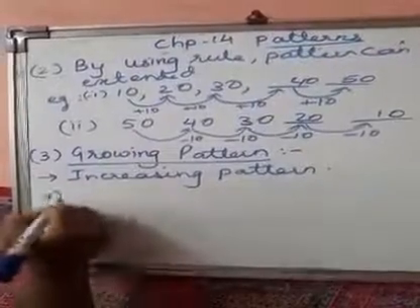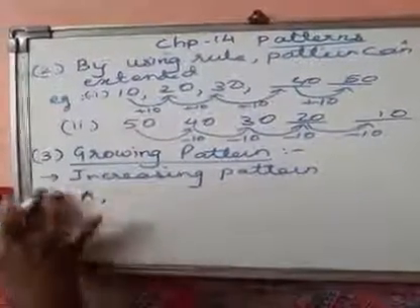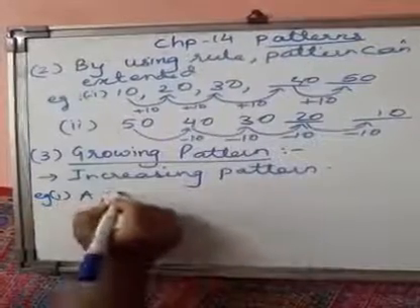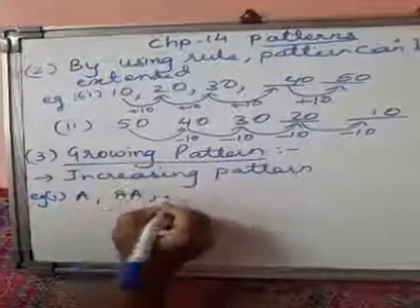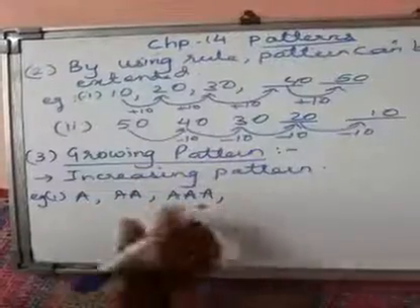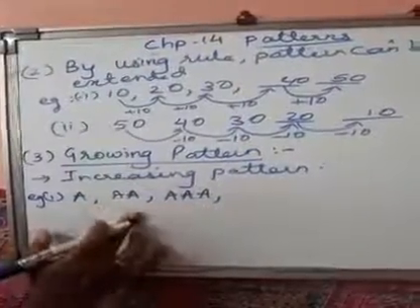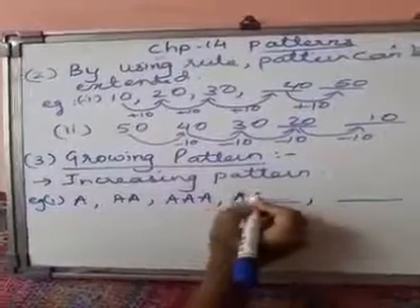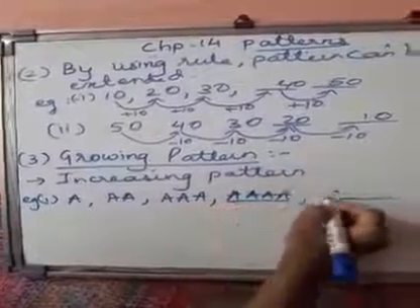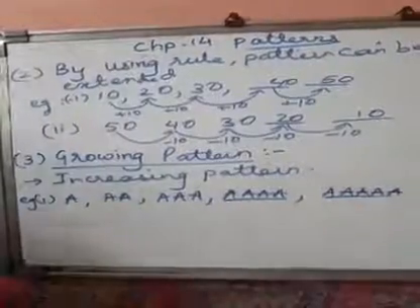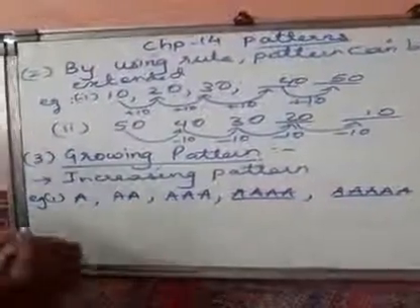Now first if we will take an example, now here it is A. I will write down the example. First we will see with A. Then next will be A. Now next you will see it is increasing. Now here it was single A, double A, triple A. So now next will be 4 times A, 5 times A. So this is nothing but we are into increasing mode.